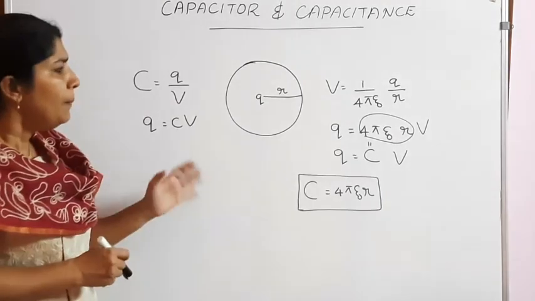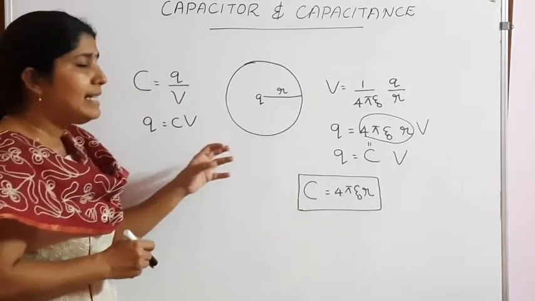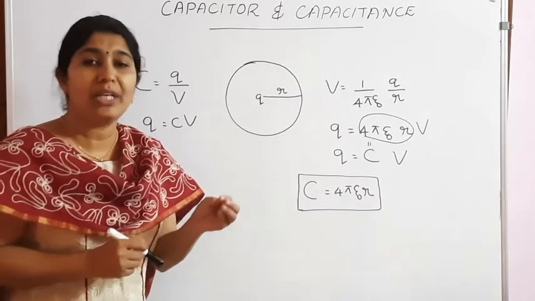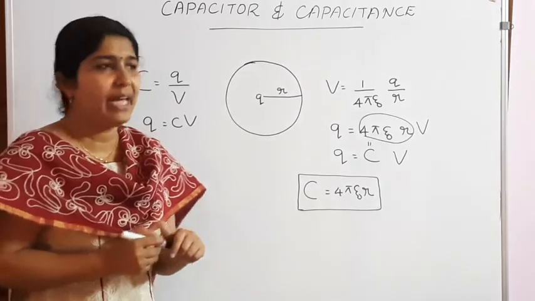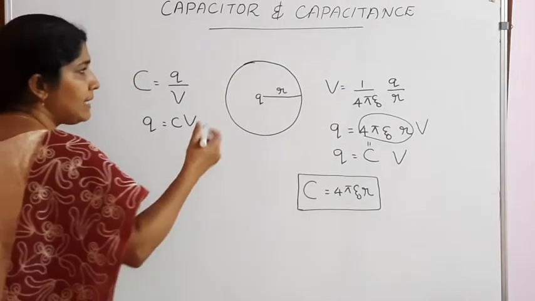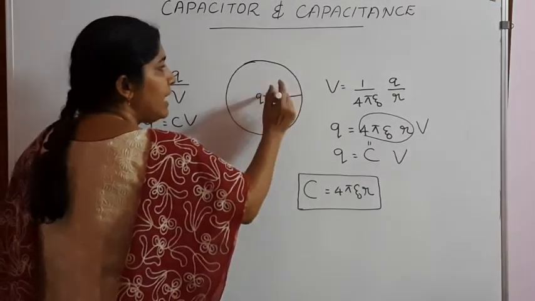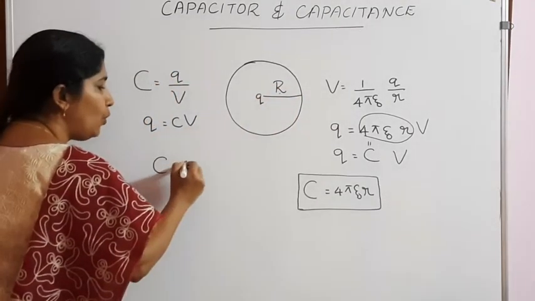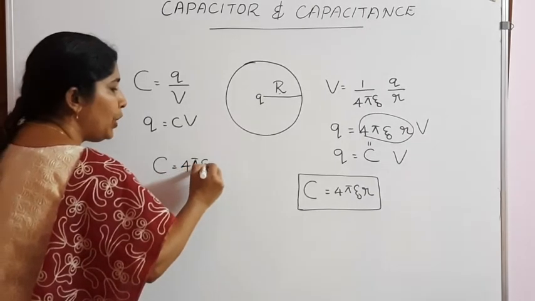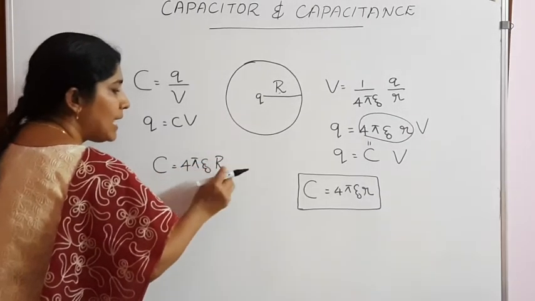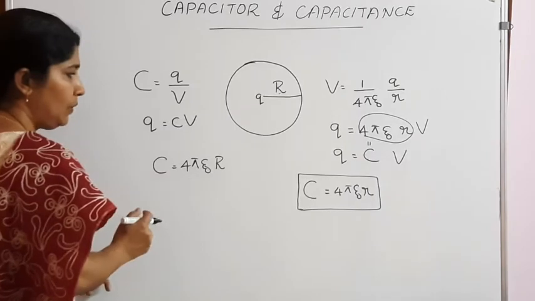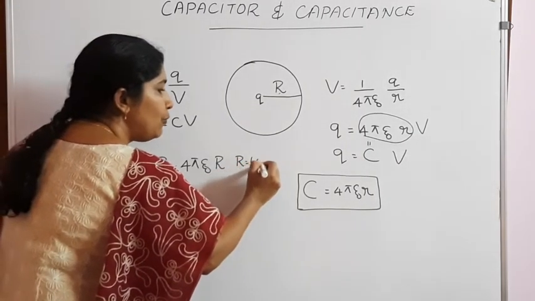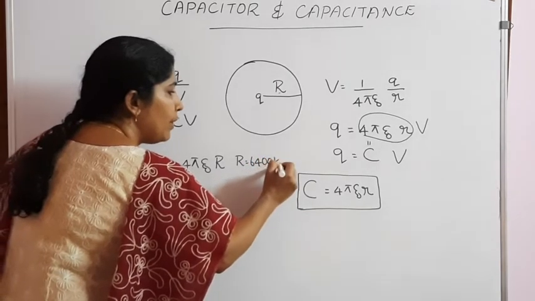Now we consider the Earth as a spherical conductor. Then what is the capacitance of the Earth? If the Earth is considered as a spherical conductor of radius capital R, then its capacitance C is equal to 4 pi epsilon 0 into capital R, where capital R is the radius of the Earth, which is 6,400 kilometers.